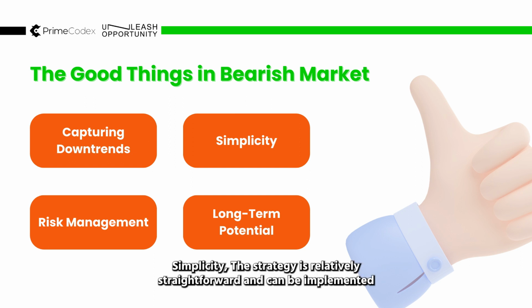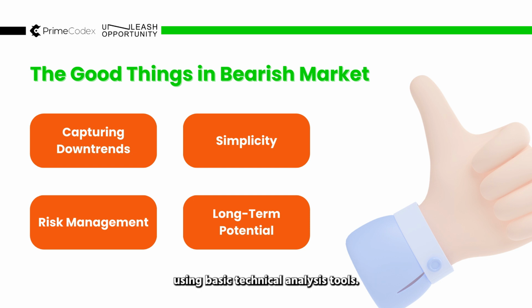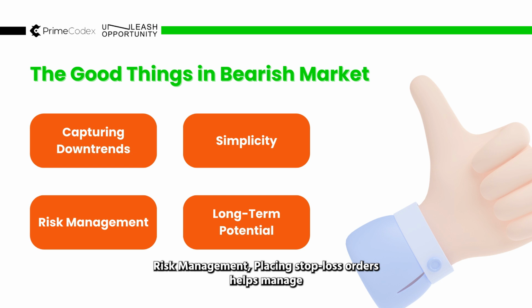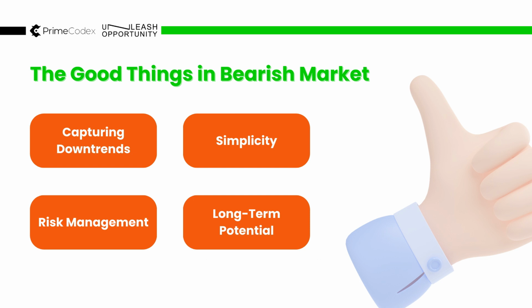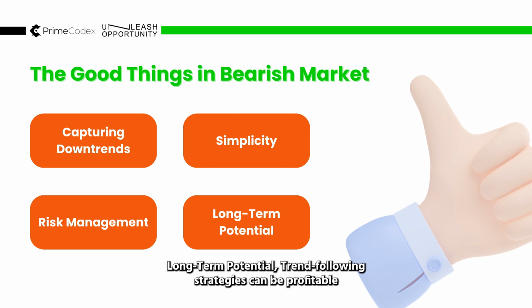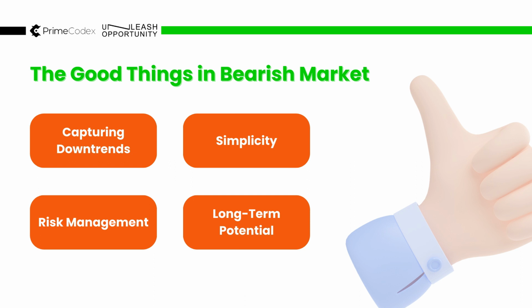The strategy is relatively straightforward and can be implemented using basic technical analysis tools. Risk management. Placing stop loss orders helps manage risk by limiting potential losses if the market reverses. Long-term potential. Trend following strategies can be profitable over the long term, as trends often persist for extended periods.